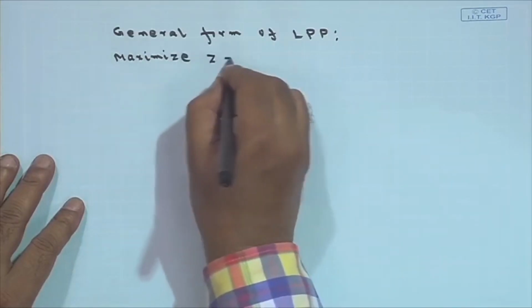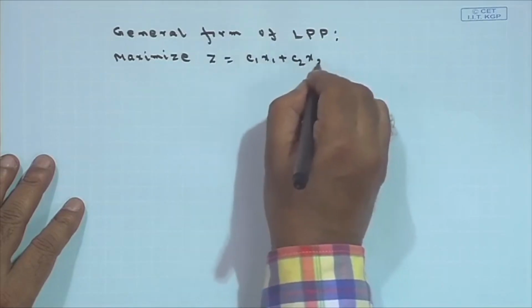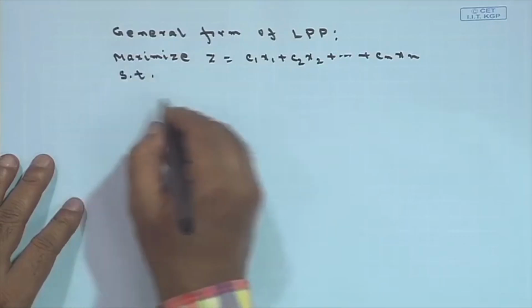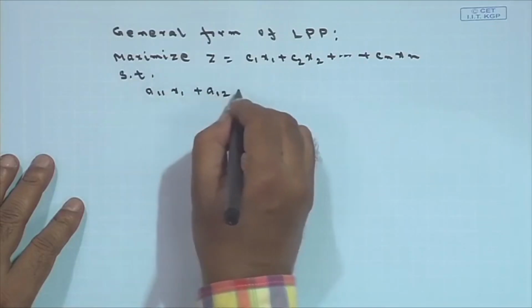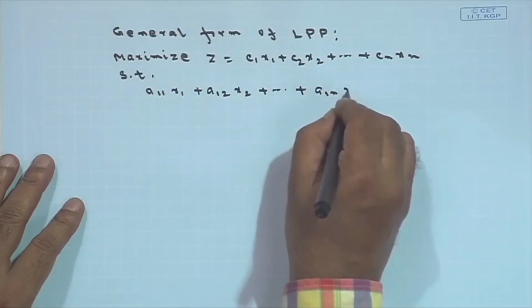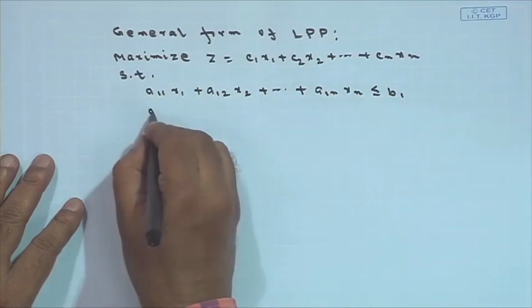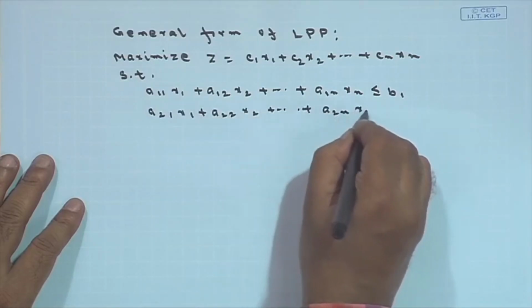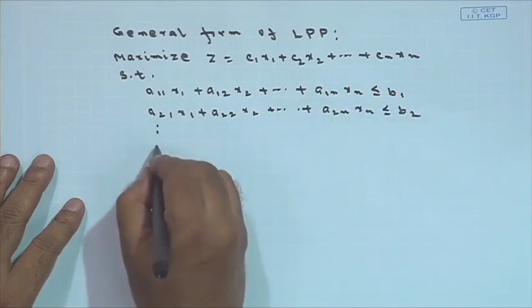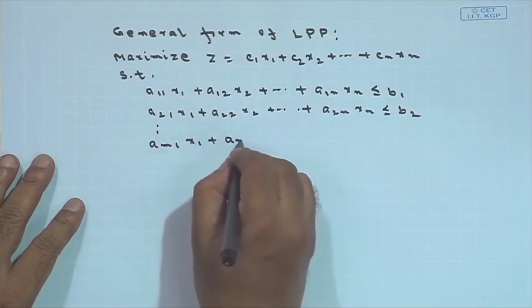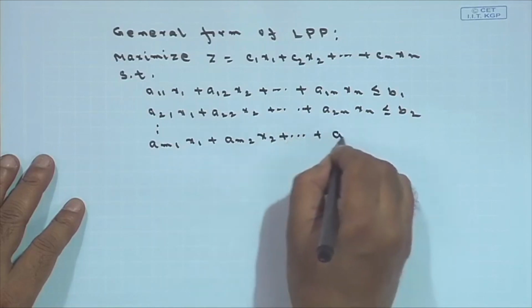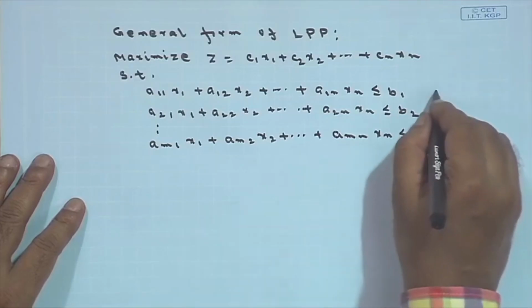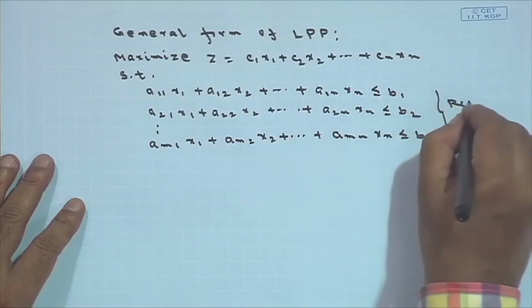Maximize or minimize z equals C1 x1 plus C2 x2 plus Cn xn, subject to A11 x1 plus A12 x2 plus A1n xn less than equals B1, A21 x1 plus A22 x2 plus A2n xn less than equals B2, and AM1 x1 plus AM2 x2 plus AMn xn less than equals Bm, and this we call the resource constraint.